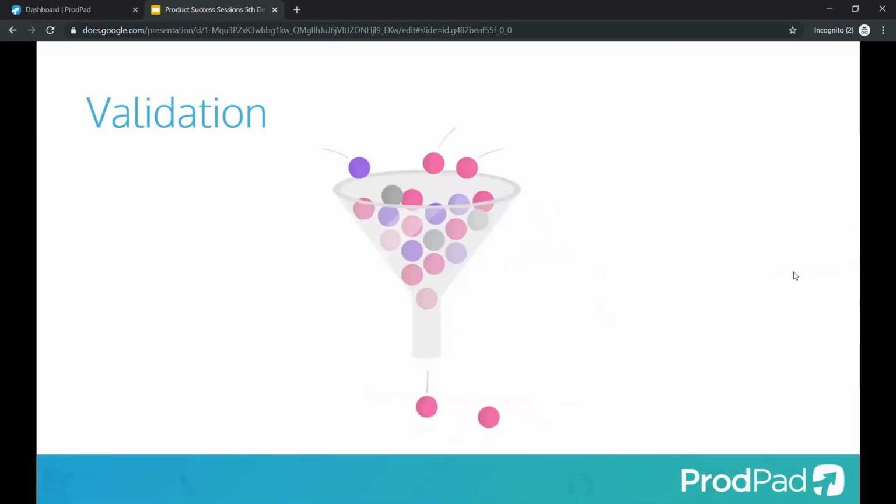ProdPad sits upstream of something like Jira or Pivotal Tracker, and it makes sure that the development backlog is clear of any items that haven't been prioritized or fully scoped. So the development backlog just has really well scoped ideas that have been prioritized and are ready to be worked on. It helps keep that backlog really focused. I know in a previous life, our backlog was called the graveyard of dreams, which no one wants.